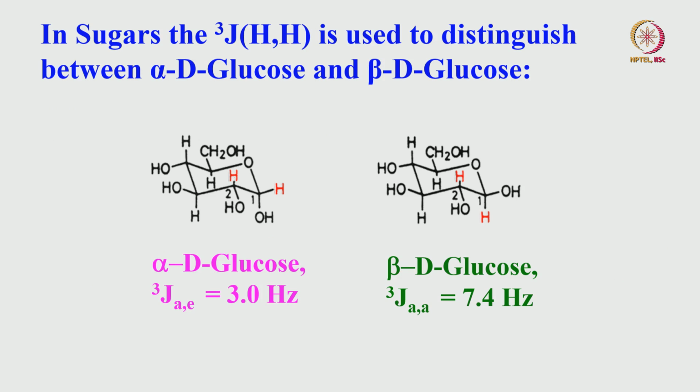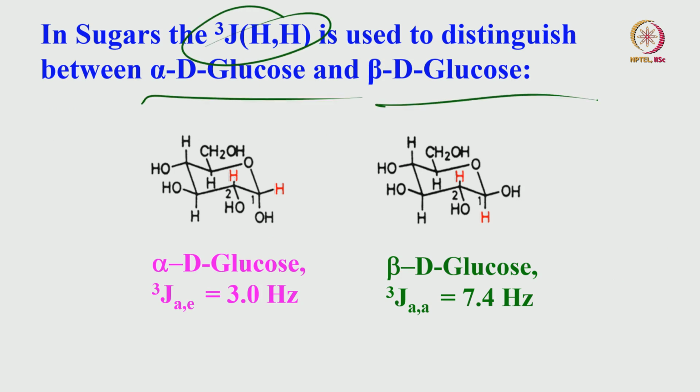We will analyze one or two of the sugar spectra of D glucose. Going to sugars, 3JHH coupling is used to distinguish alpha D glucose and beta D glucose. Take D glucose, we have alpha glucose and beta glucose, the structures are like this. For example, in alpha glucose, axial-equatorial coupling is 3 hertz, but in beta glucose the structure is different.